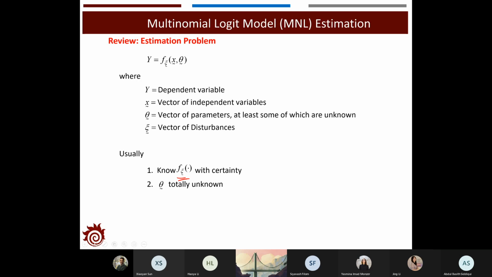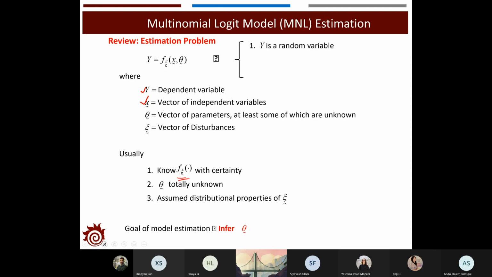Those would be the variables we have to estimate. And the distribution of the random term has been assumed, in this case as the Gumbel distribution. We can then use all the observed data, the dependent variable and independent variable, to conduct the estimation or the calibration of the parameters, the coefficients theta.